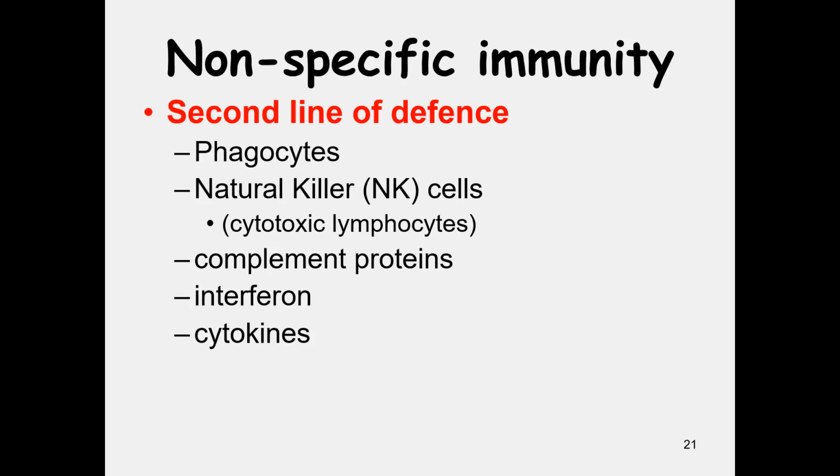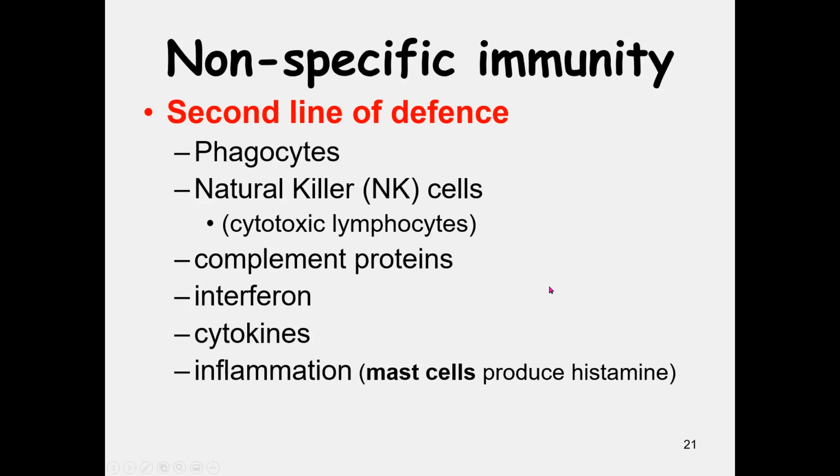And usually the natural killer cells are there even faster. Oh, sorry, I made a mistake. It's not the phagocytes, it's the natural killer cells that are attracted by the cytokines, and that's why they're cytotoxic. They kill the infected cells.